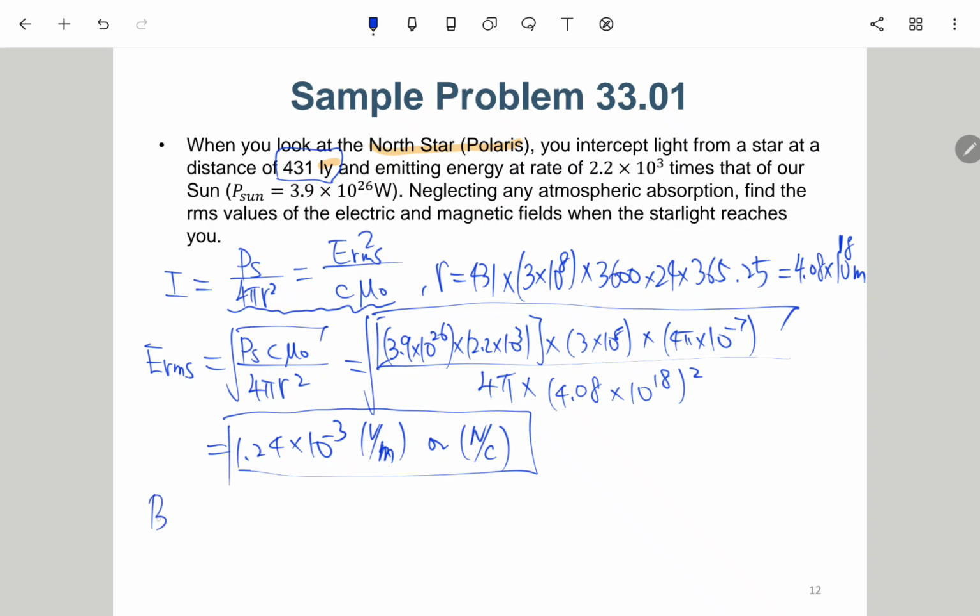Okay, so for the B field, BRMS will be nothing but ERMS over C. So this is 1.24 times 10 to negative third over 3 times 10 to the 8th power, which is 4.1 times 10 to negative 12 T, Tesla.